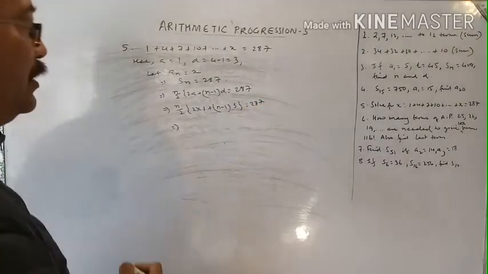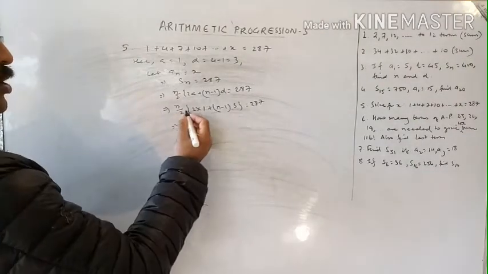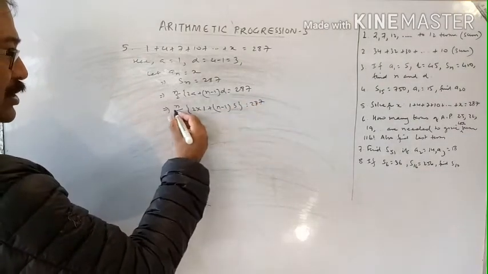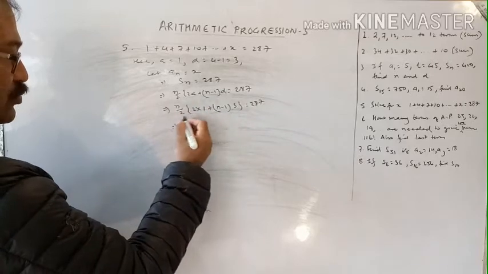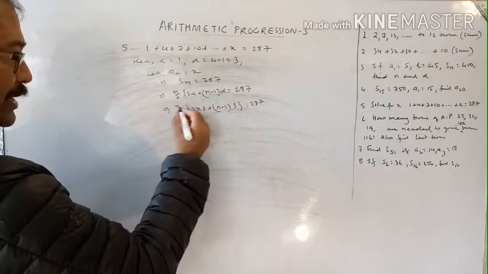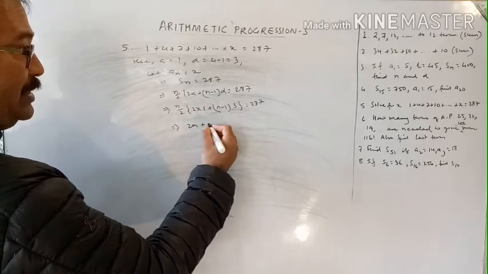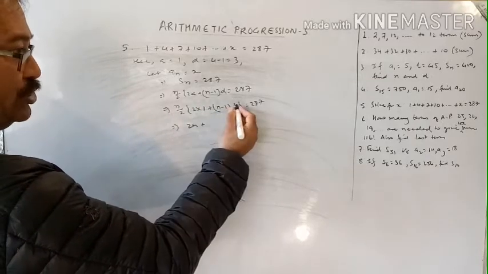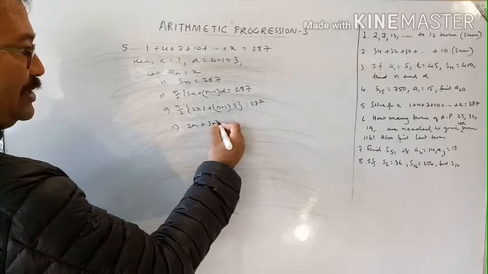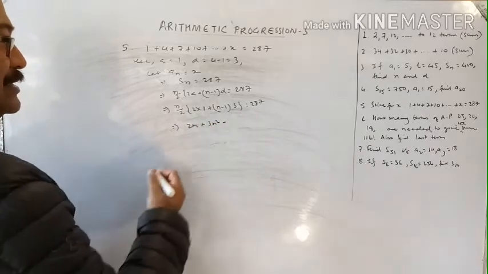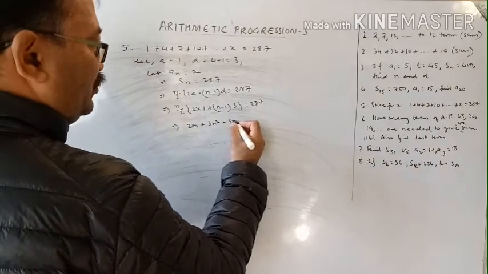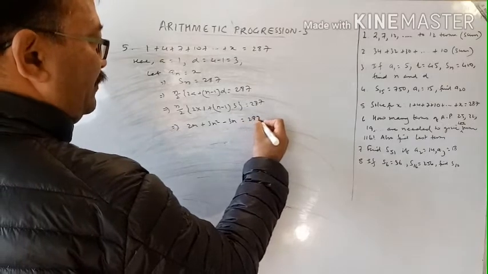Okay, so here 2 will cross multiply here and n will multiply here, so what do we get? n into 2 will be 2n, plus n into n, n into 3 is 3n, and 3n into n will be 3n square, minus n into 3 will be 3n, equal to 287 into 2.